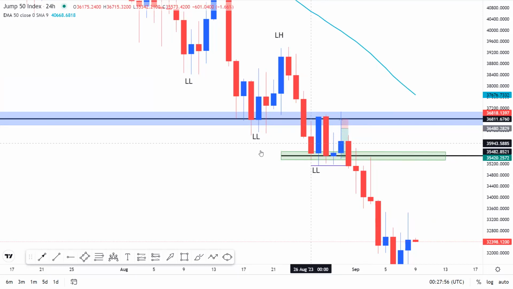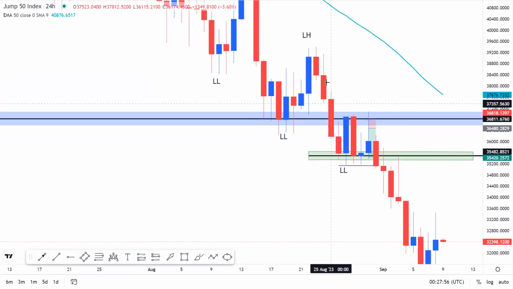And then we had broken below this key level, like we had established previously. And then we came right into the level. We stalled at the level for 4 days.